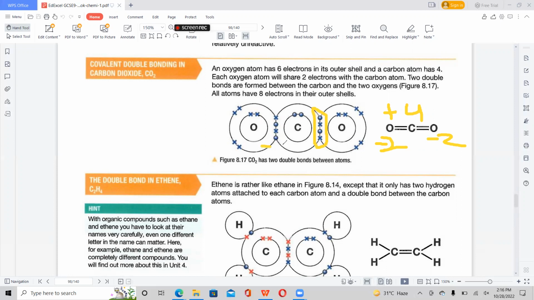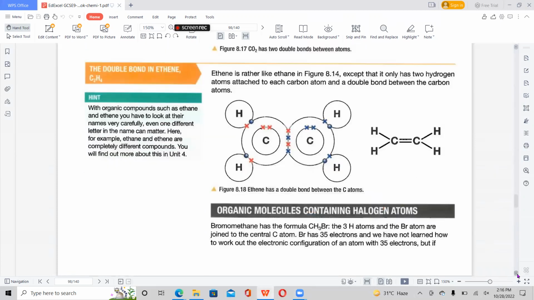Now this carbon acts electropositive in nature, so this carbon would have a positive charge on it.